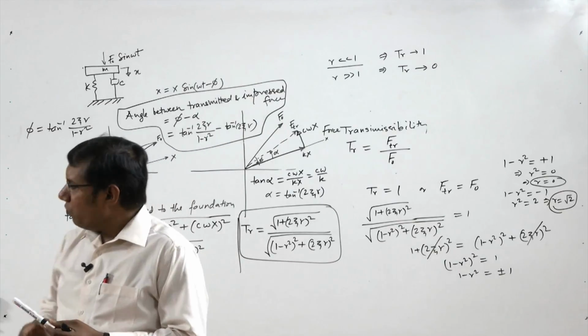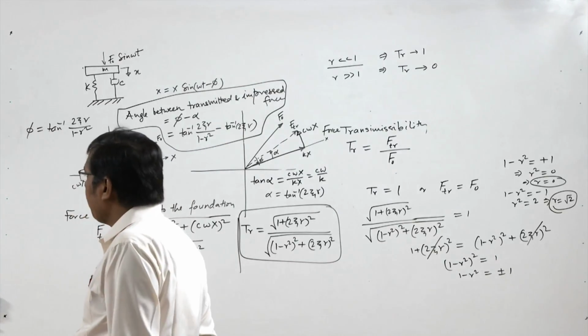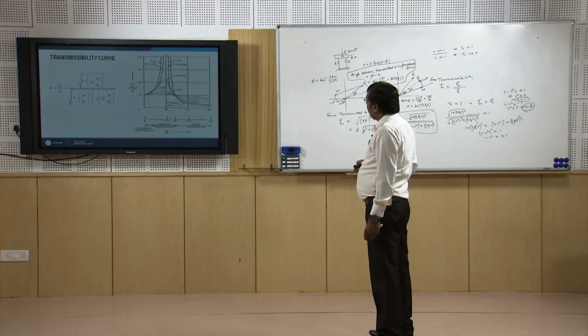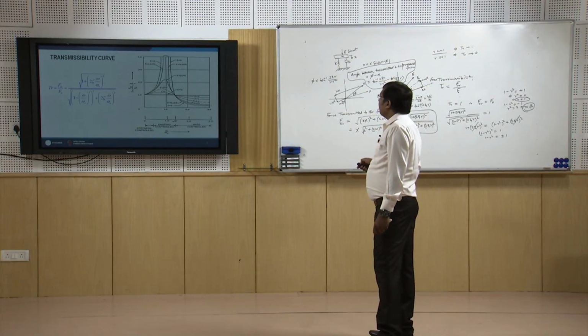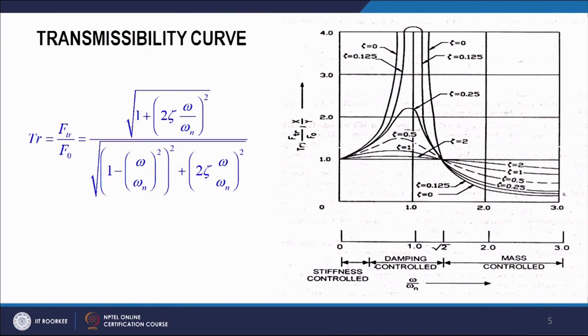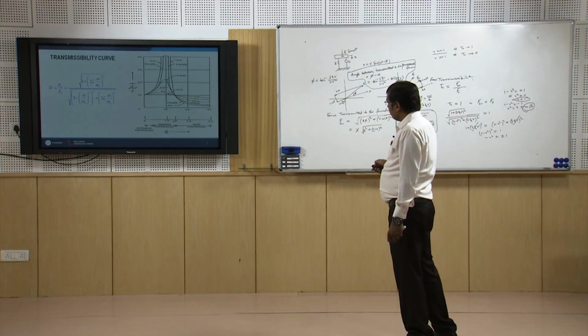So we see that the transmissibility curve starts from 1 and near the resonance condition, that is r equal to 1, it is amplified, and again it falls and passes through 1 at r equal to root 2, and then it is tending towards 0 at the higher values of omega by omega n.